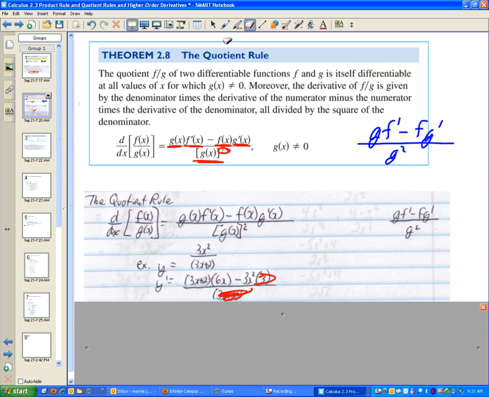What's the derivative of the bottom? 3. Over the bottom squared. All right, so there's our one step of calculus.